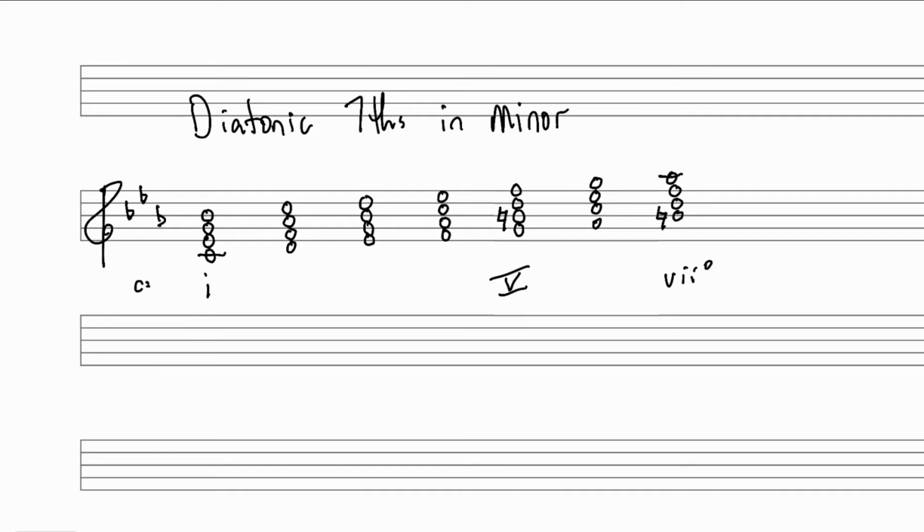Let's go back and write those in. The 1 chord was a 7. Good old minor 7. 2 chord, half diminished 7. 3 chord was a major triad, and now it's a major 7th chord. And remember, you always need an M whenever you're identifying a major 7 chord.